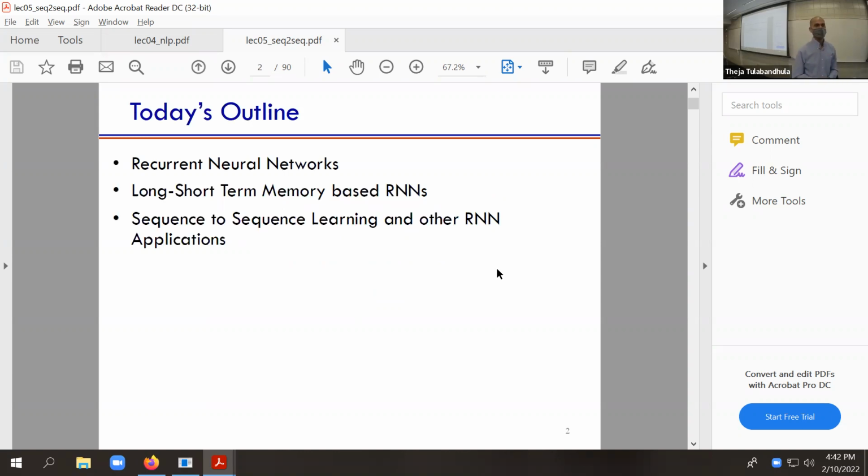So the outline: we'll start with the architecture definition. It's very similar to how we introduced the feed-forward network and then the convolutional layer. A feed-forward network goes from some input tensor to some output tensor, and there was not much crazy going on. But the moment you had a conv layer, there's some notion of filters. Similarly, the original RNN architecture is a base template with the simplest stuff first.